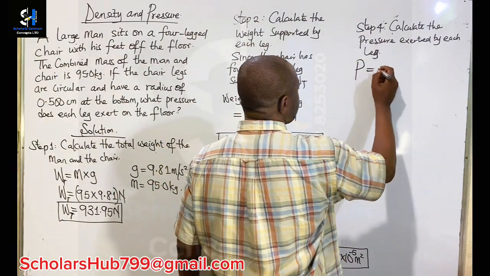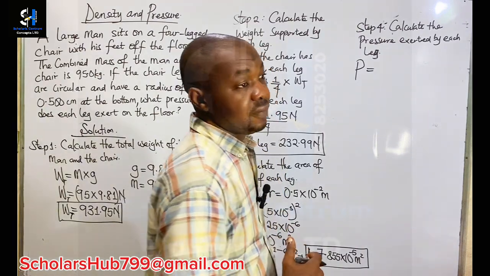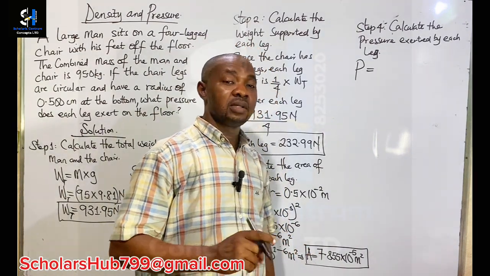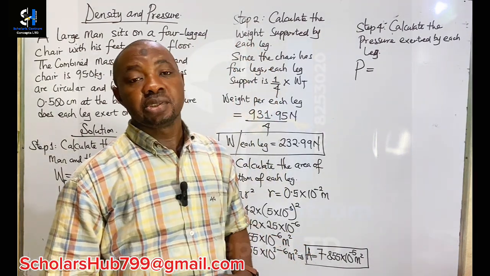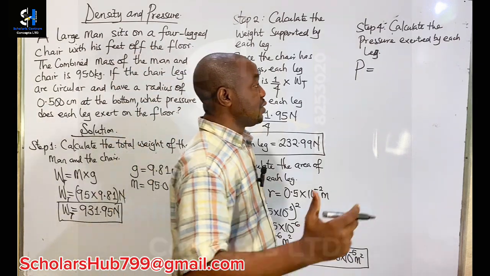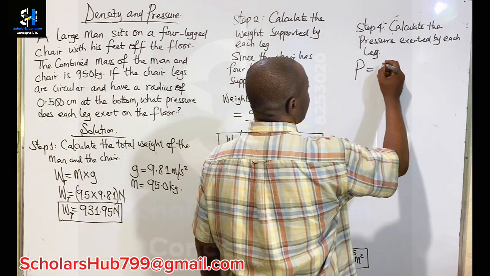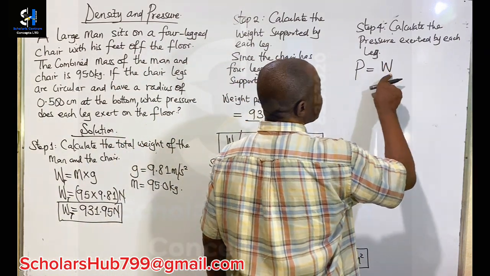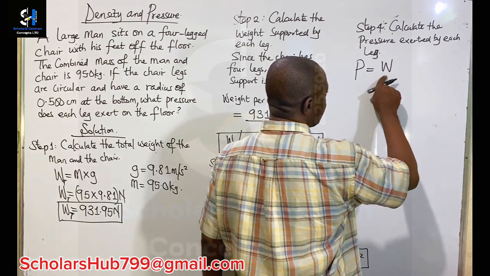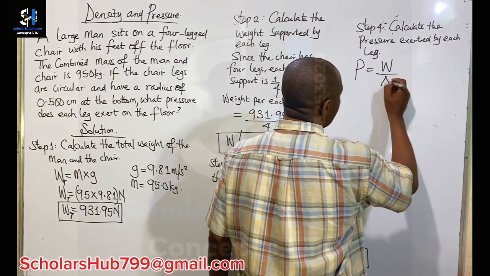We know that pressure measures the force acting normally per unit cross-sectional area of a surface. So this would now be the weight per each leg over the area.